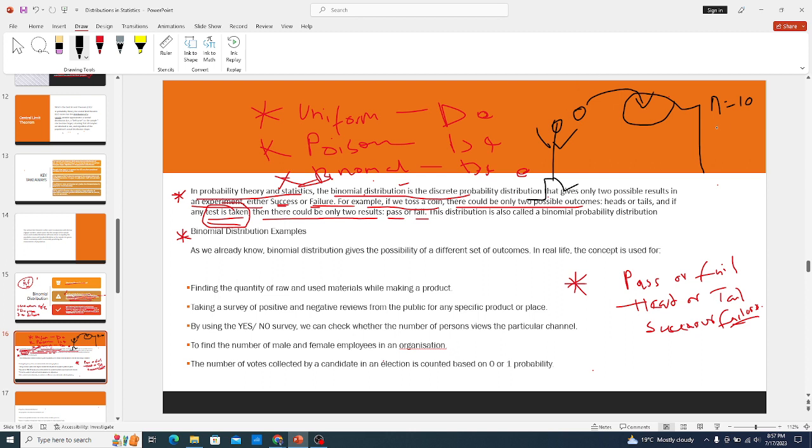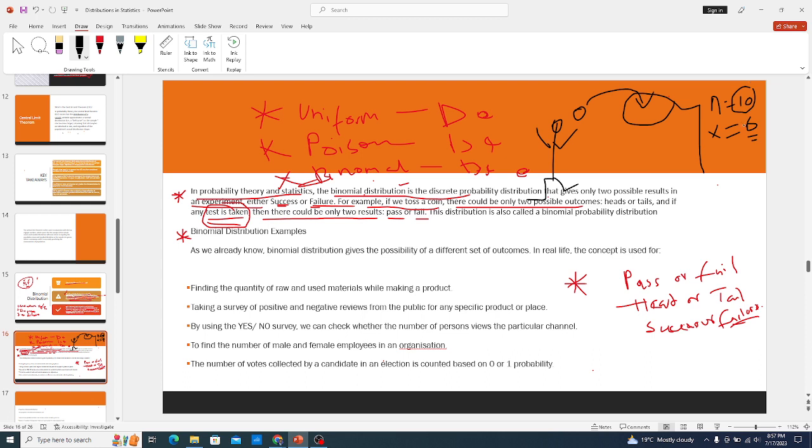So X in binomial distribution denotes the number of successes. So our X will be what? 6. Meaning out of 10 trials, only 6 trials were a success.